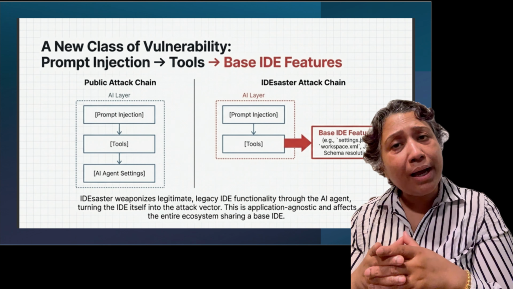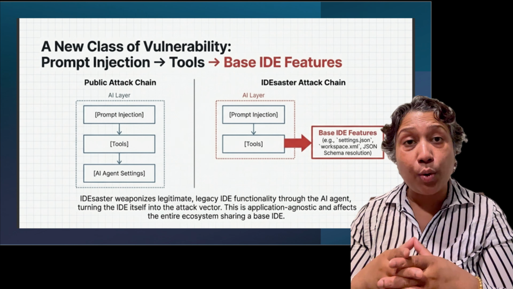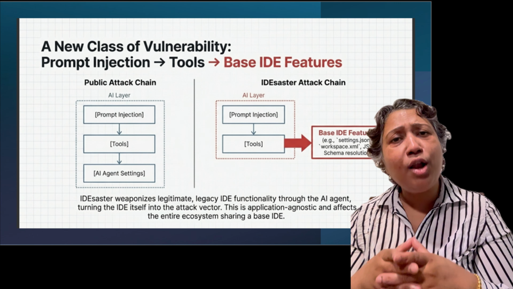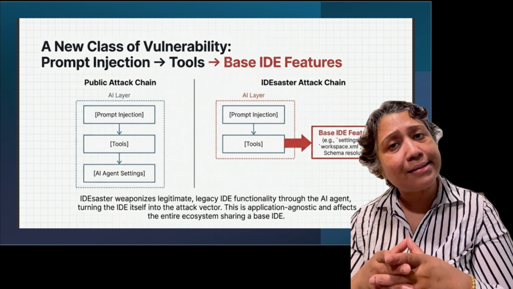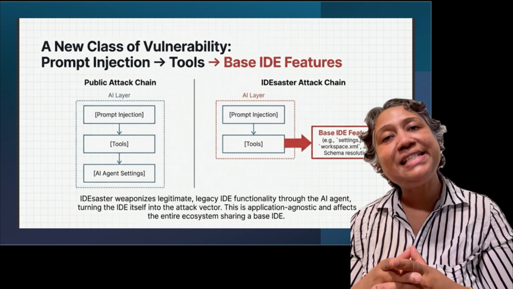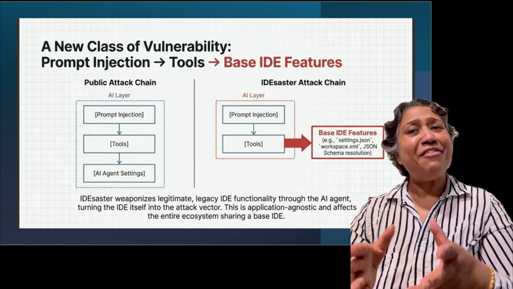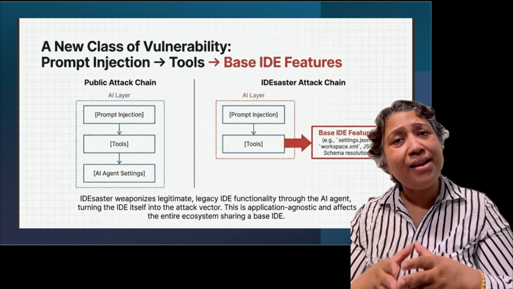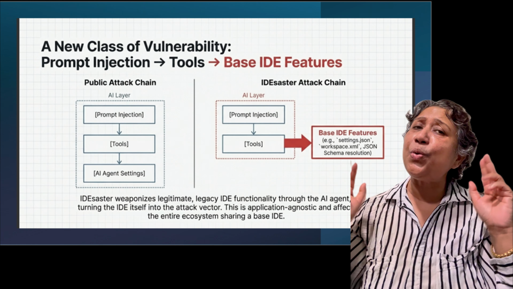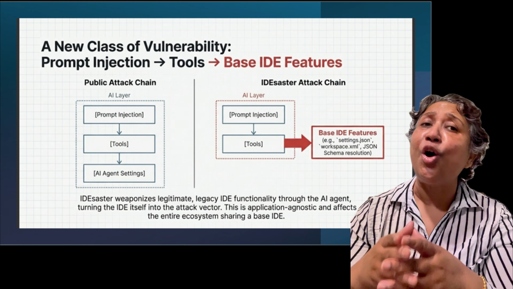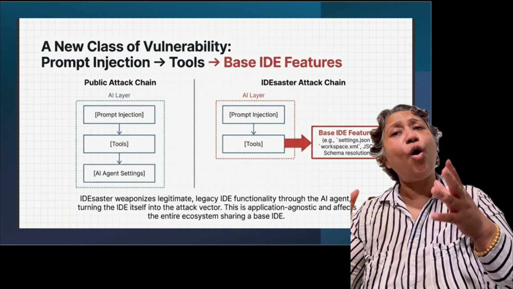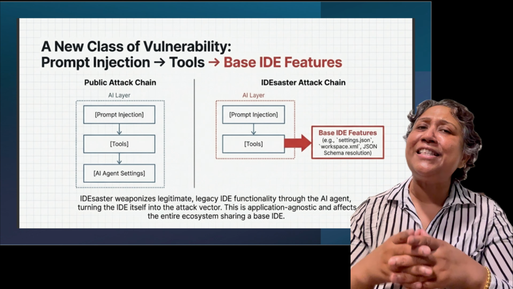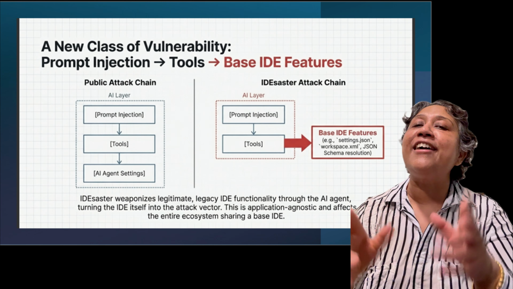That's why when one base IDE, say VS Code, has a weakness, dozens of AI tools built on it were all vulnerable in similar ways. The novelty here cannot be overstated. In cybersecurity, we rarely see a new category of attack that cuts across products. This is like when SQL injection was first discovered on websites. Suddenly, a whole class of applications had to worry about it. IDESaster is that kind of class for AI IDEs.